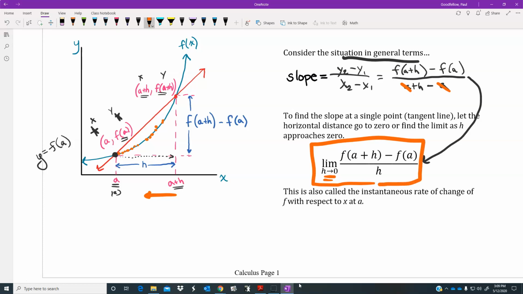This is the definition of the derivative. This is a derivative formula. That's what you're really finding: what's called the instantaneous rate of change, or better yet, what's also referred to as the slope of the tangent line. That is by definition the derivative.